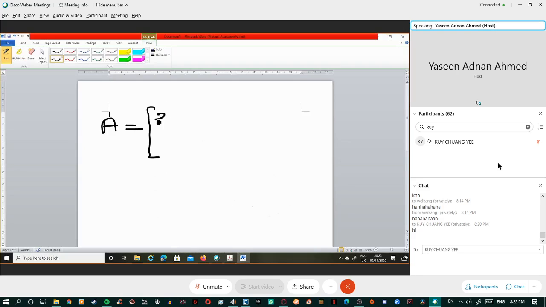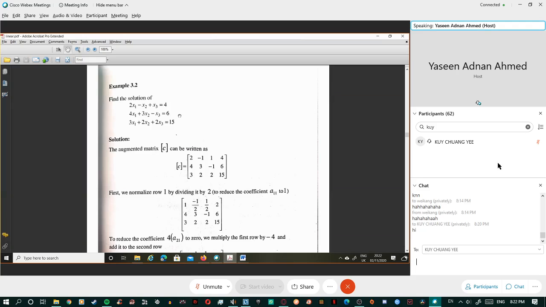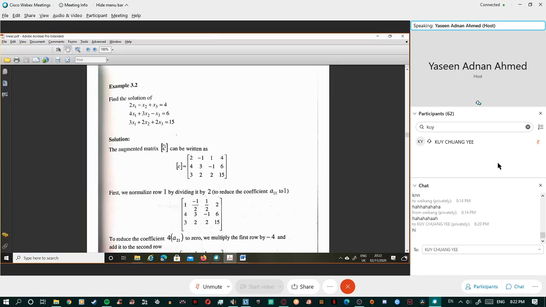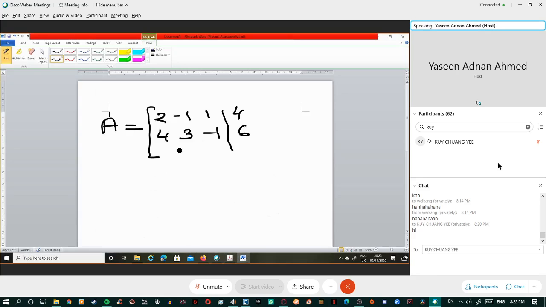So this is 2, minus 1, 1, and then we have a vertical line, and then 4. Then 4, 3, minus 1, and this is 6. Then we have 3, 2, 2, 15.